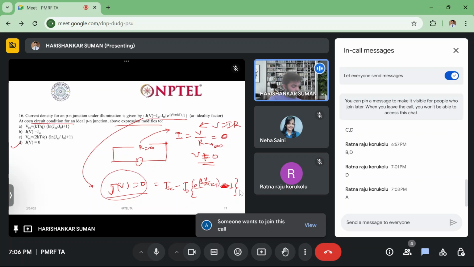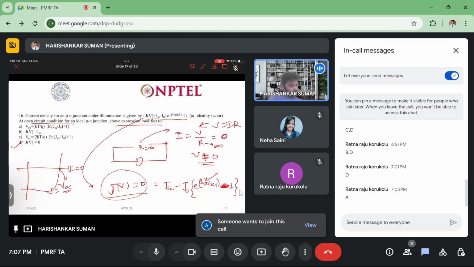Can you find the VOC? If current is 0, then this point is VOC, V equal to VOC. Please apply it here and find out the answer.